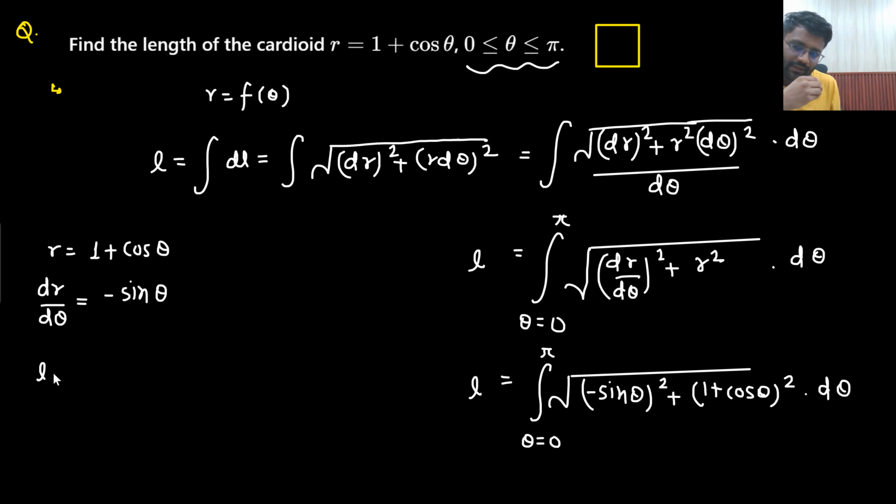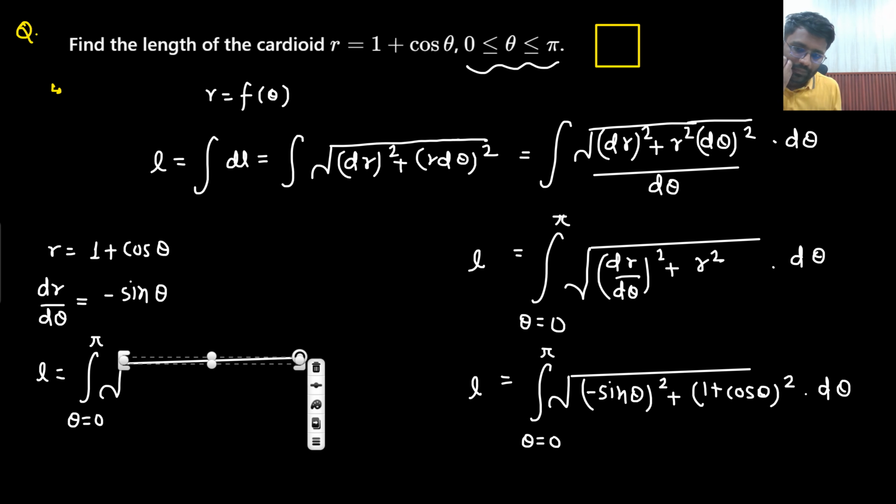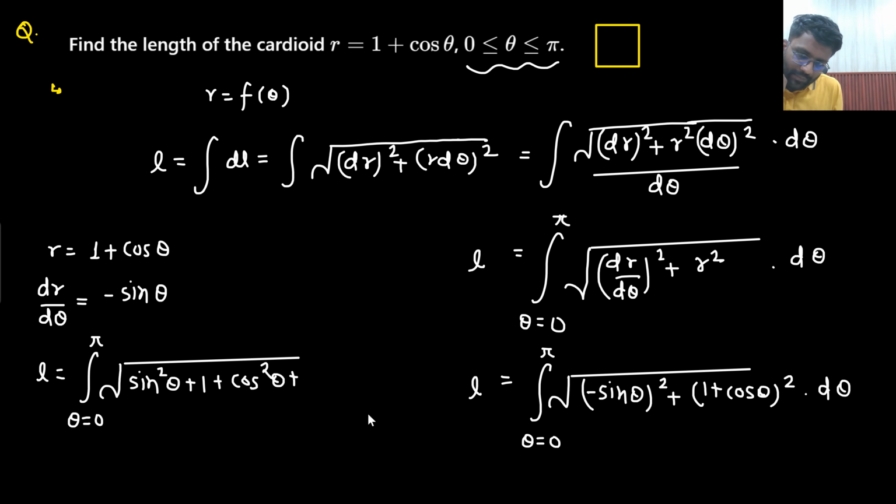So what is L you are getting? L we are getting is theta going from 0 to pi, under root, sin square theta plus 1 plus cos square theta plus 2 cos theta, d theta.